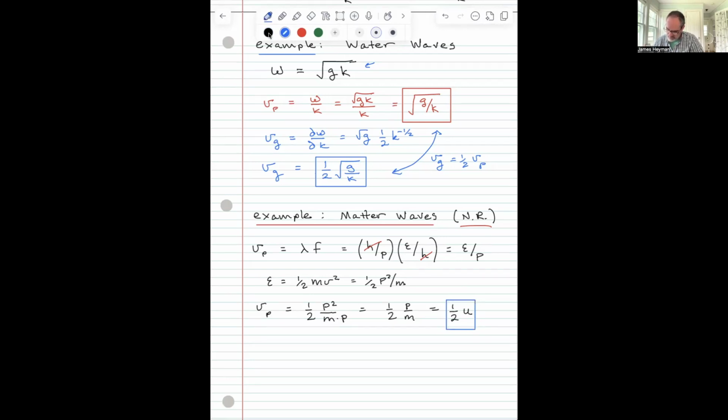So there we are. The phase velocity associated with a matter wave is 1/2 of the particle's classical velocity.